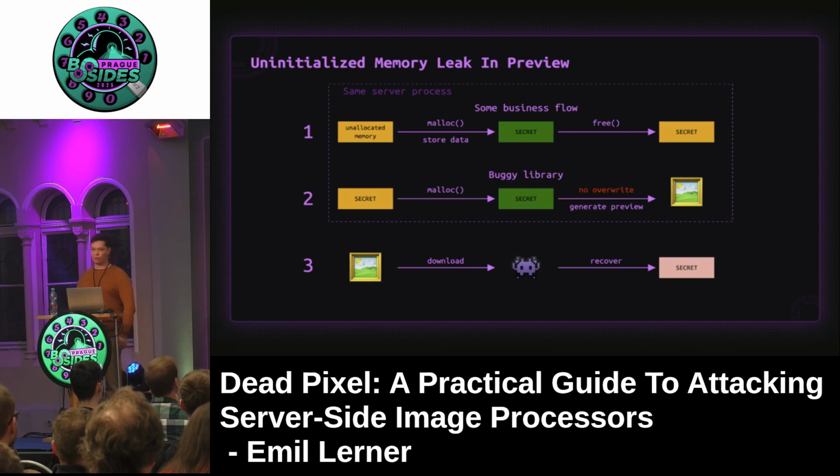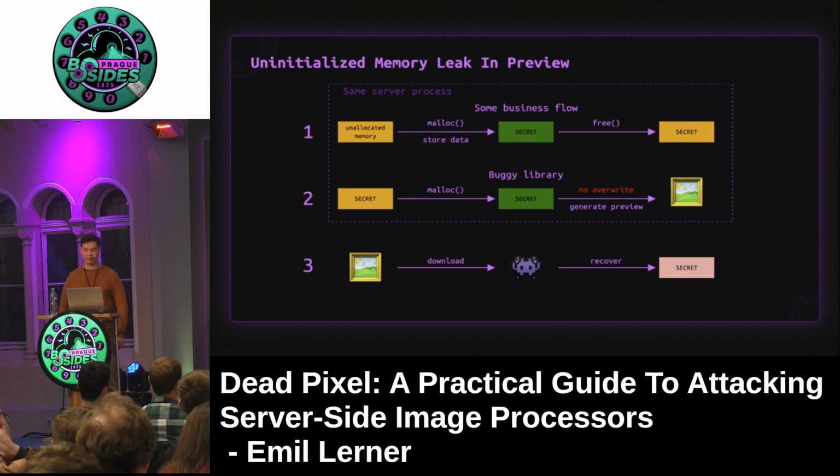So one of the types of memory safety issues I like the most to exploit is information leak via uninitialized memory. It is easy to exploit in bug bounties because it does not require any system knowledge, any binary knowledge. How does it work? So assume we have some server process. Naturally, it works with some sensitive data, and it allocates memory for this data, stores the data there, and then frees this memory.